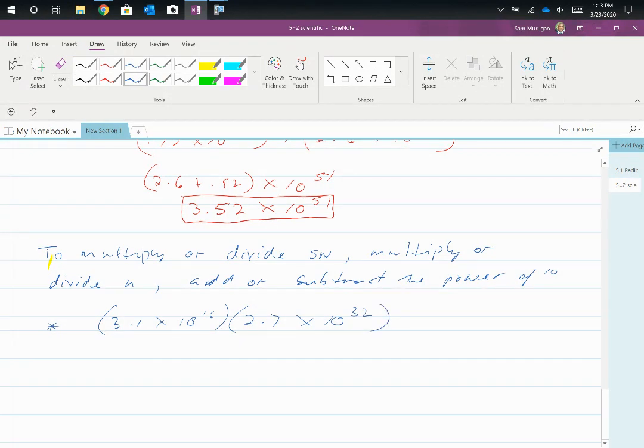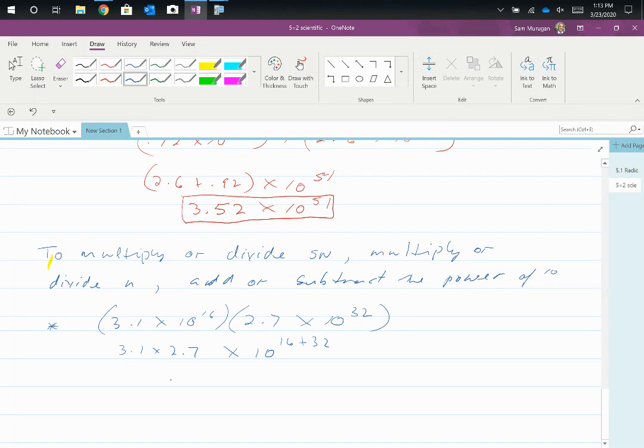I would simply multiply 3.1 times 2.7 and add the powers, 16 plus 32.